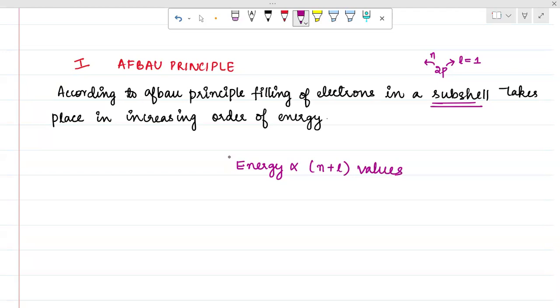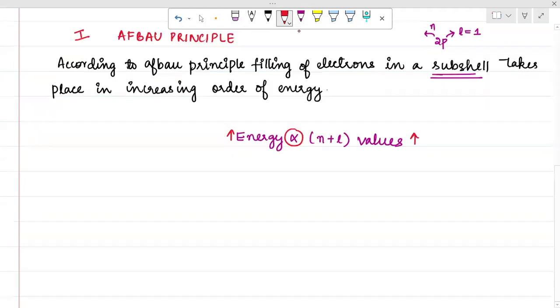Okay, so as your N plus L value increases, the energy of that particular subshell also increases, because they are directly proportional. Now what if you have 2 subshells where the N plus L values are the same? You can note it down.